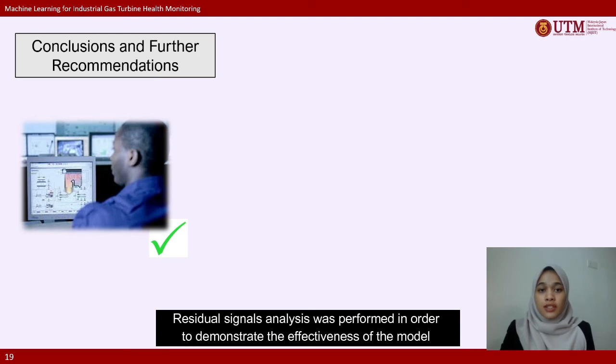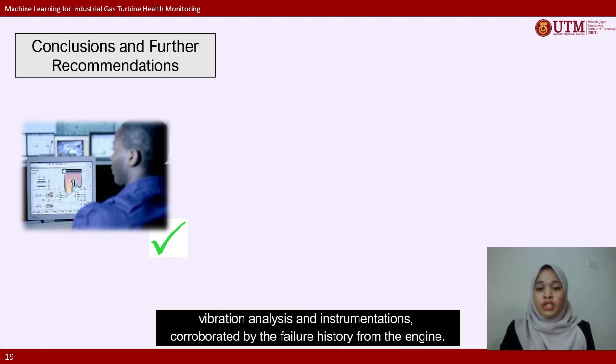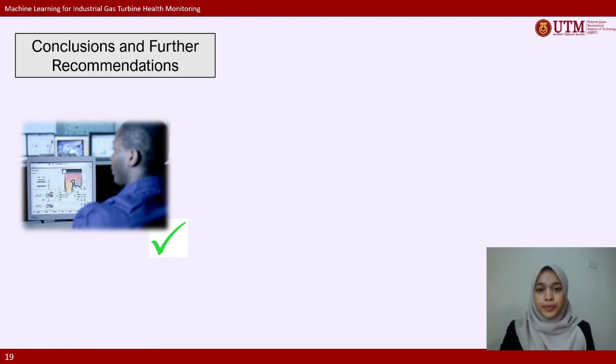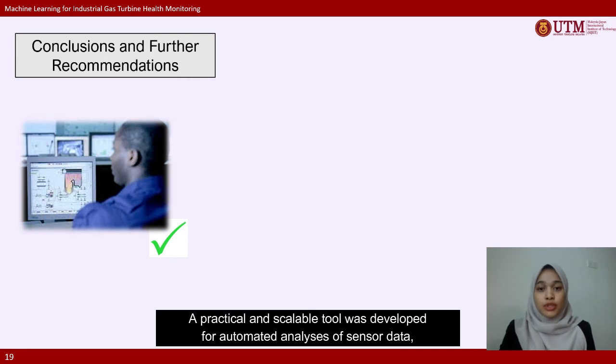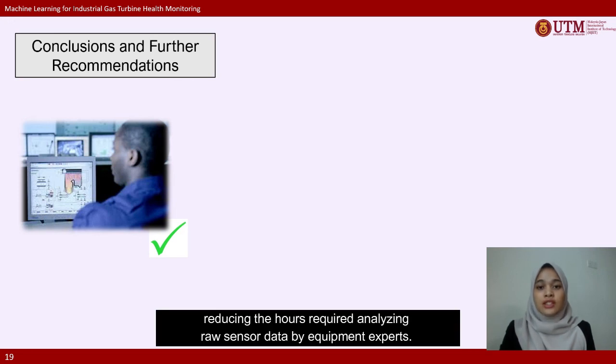Residual signal analysis was performed in order to demonstrate the effectiveness of the model in identifying anomalies in the fuel system and gas path. Vibration analysis and instrumentations corroborated by the failure history from the engine. A practical and scalable tool was developed for automated analysis of sensor data, reducing the hours required analyzing raw sensor data by equipment experts.